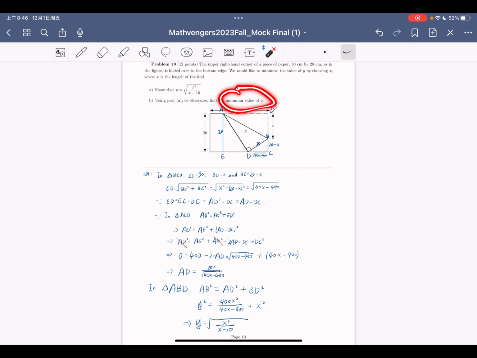So, which means we need to find the extreme value. We need to figure out the first derivative and let the first derivative be equal to 0. Okay, and then we compute the value.